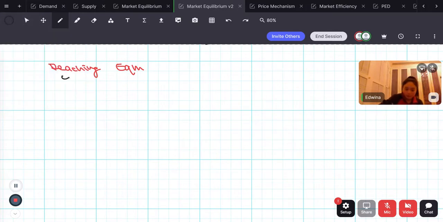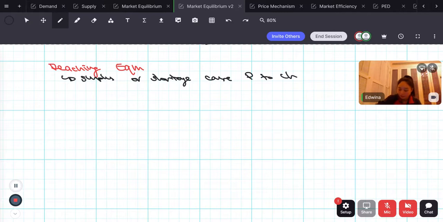And so a surplus or shortage will cause price to change. Well, how does price change? Price changes until market equilibrium can be reached, because that's how the free market, to be more precise, will respond to a surplus or shortage. So for a shortage, meaning there's excess demand, price will increase.